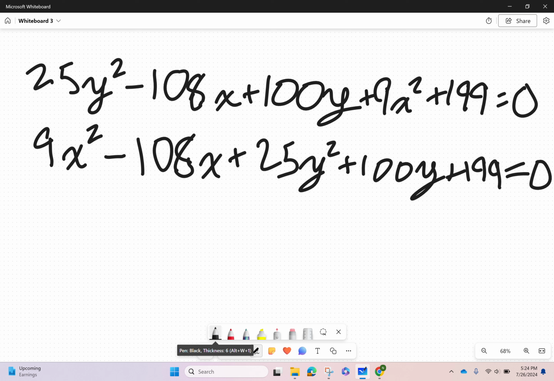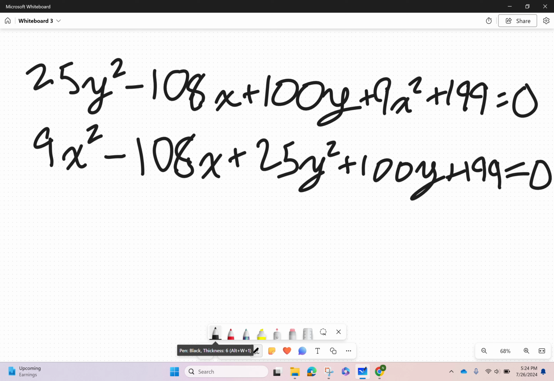Now, I would like to group my variables together because I don't want my x squared and my y squared to have a coefficient. I want them to be standalone, so I would like to factor out the common multiples in my specific variables.